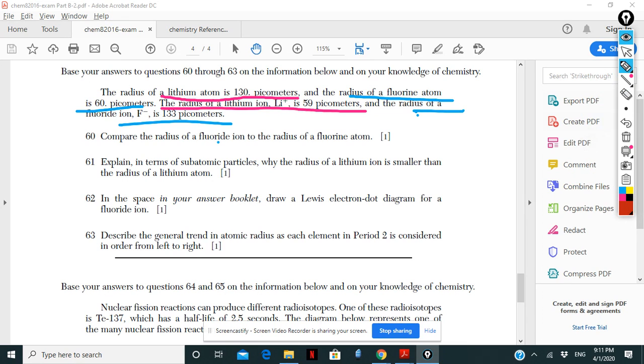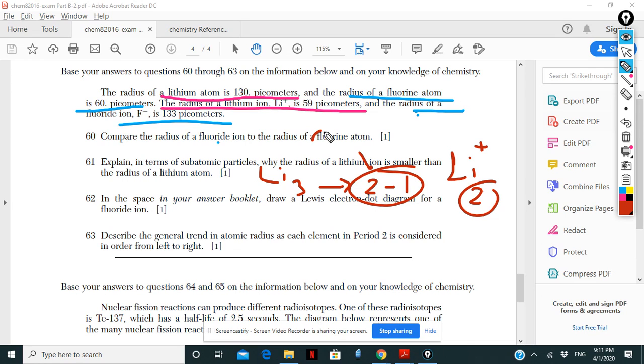So if we look at lithium, it's 3, the configuration is 2, 1. The lithium ion is going to lose 1 electron. So now here I have 2 shells, and here I have 1 shell. So for sure the 2 shells are going to be bigger than the 1 shell.